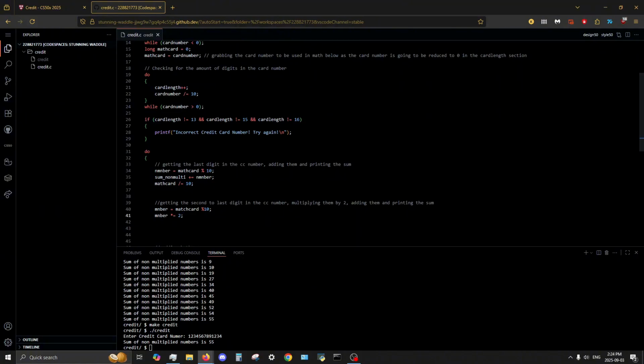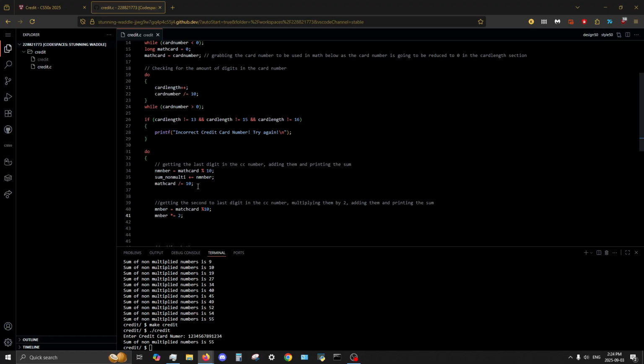Okay, once we multiply it by 2, what are we supposed to do? So multiply it by 2 and then we add it. So now we got the last number, we multiplied it by 2. We got the last number, we added it.